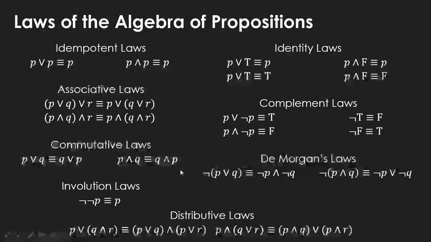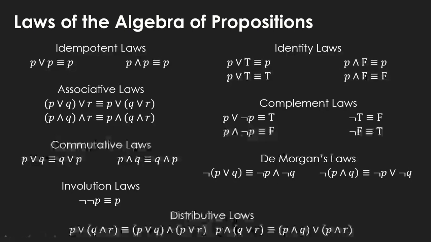We also have the involution laws, by which if we negate the negation of a statement, it will result to the statement itself. So meaning, if we get the negation of it, it goes back to the original statement. Now, we also have De Morgan's law.